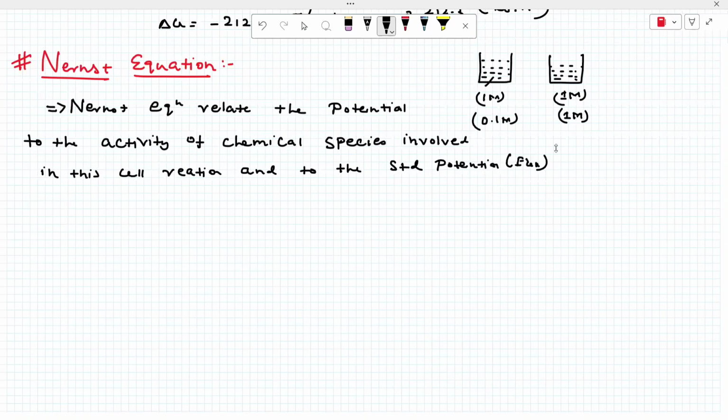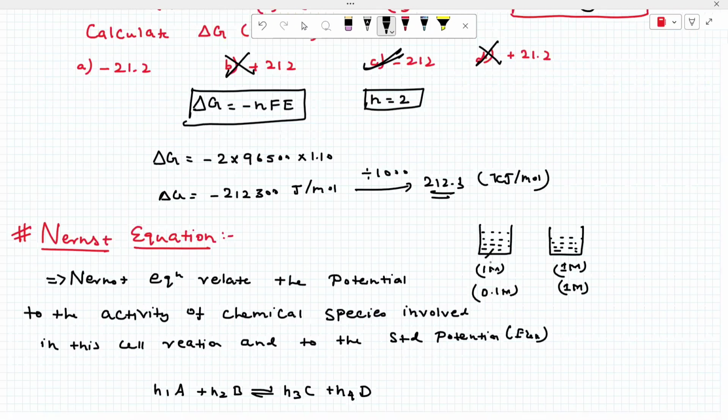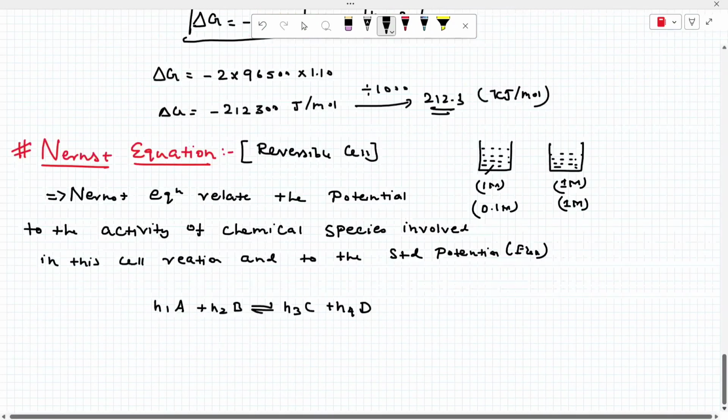Generally, see, the general reaction is n1A plus n2B in equilibrium with n3C plus n4D. Now, the Nernst equation is only applicable for a reversible cell. Very important.